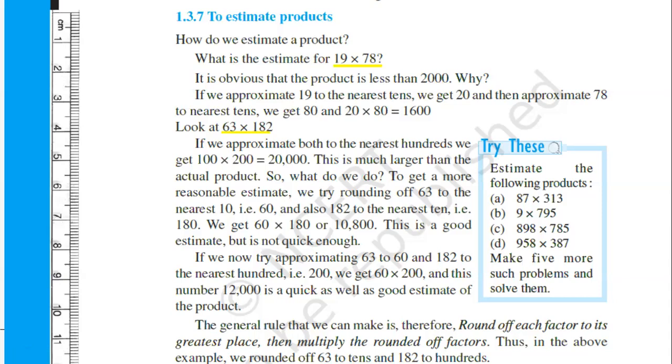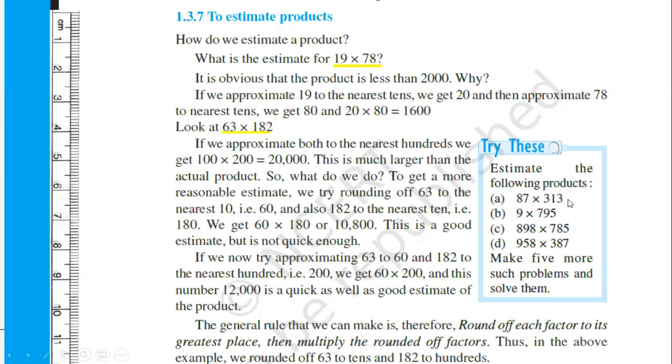The product of 60 and 200 is 12,000, which is a quick and good estimate. So for two different numbers, we have taken two different place values of approximation. I have told you before that there is no rigid rule for every number to have the same place of approximation. It varies depending upon the number of digits in the number.